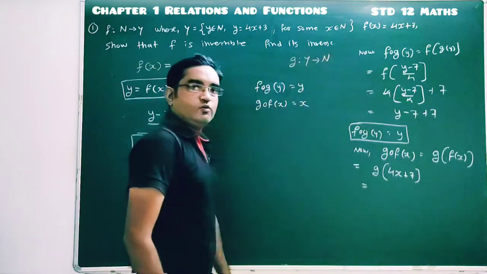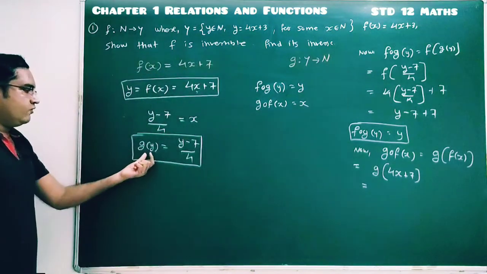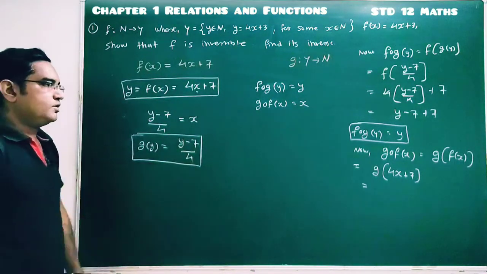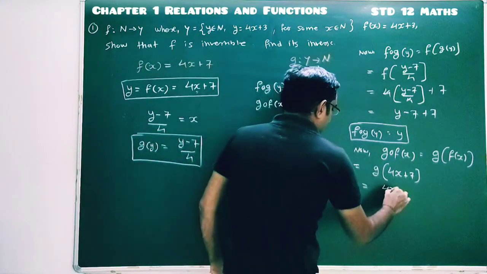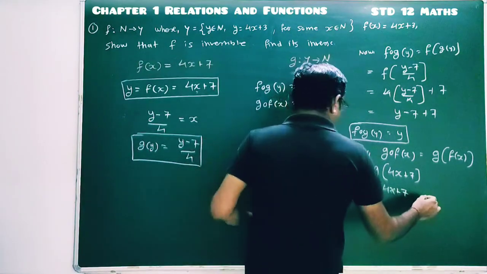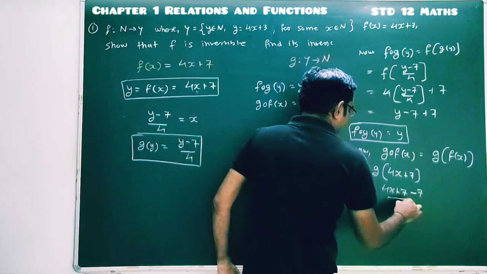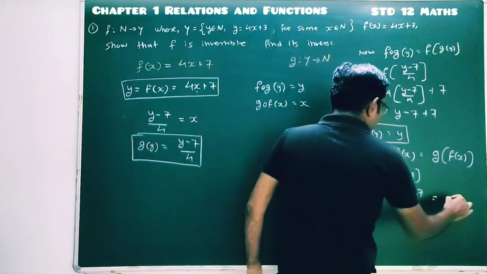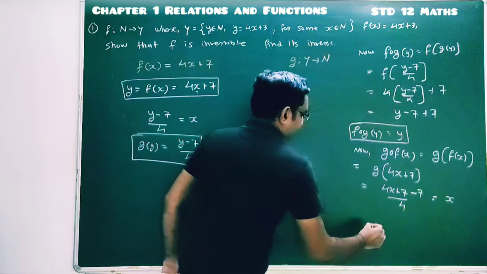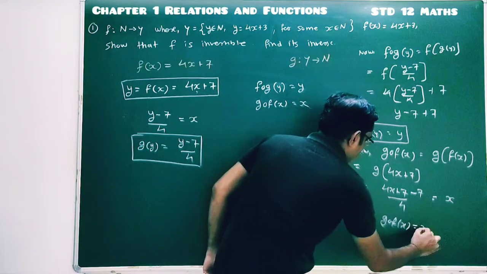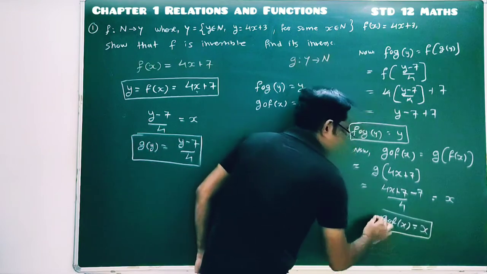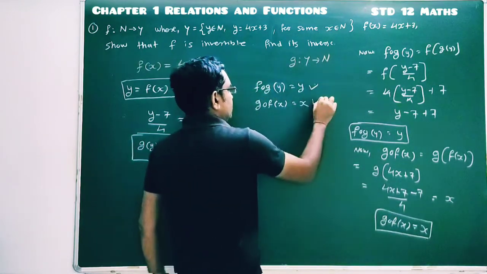Now what is the definition of g of y? g of y is nothing but (y minus 7) by 4. So g of 4x plus 7 will be (4x plus 7 minus 7) by 4. So this is equal to x. Hence g of f of x equal to x.